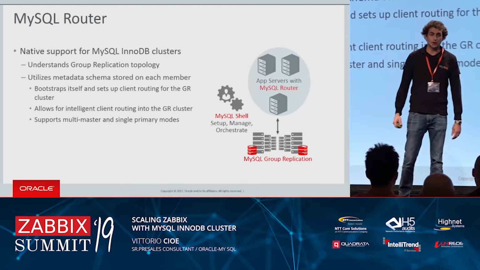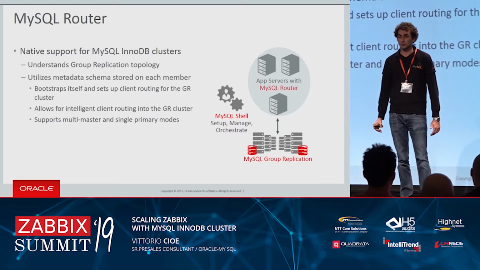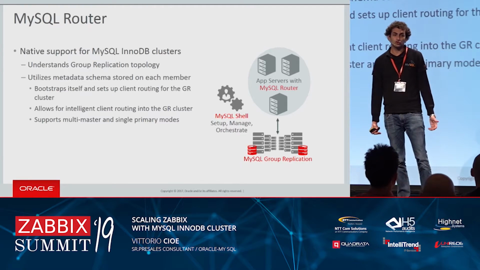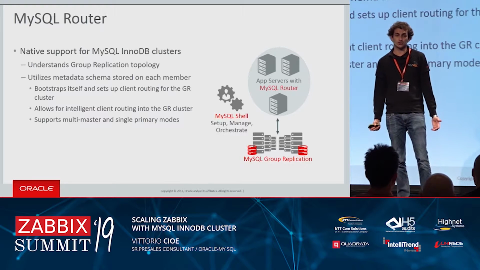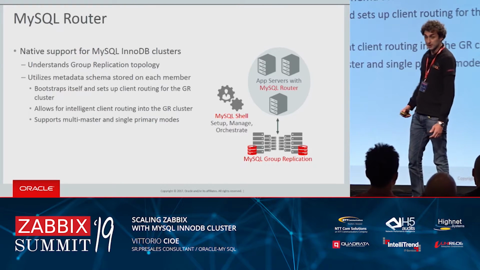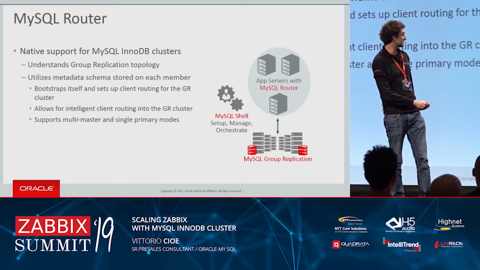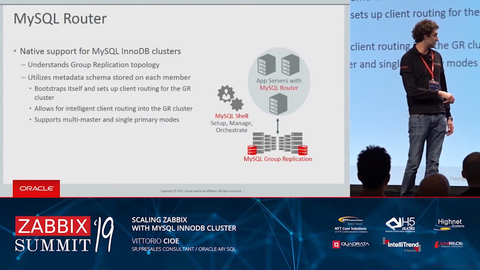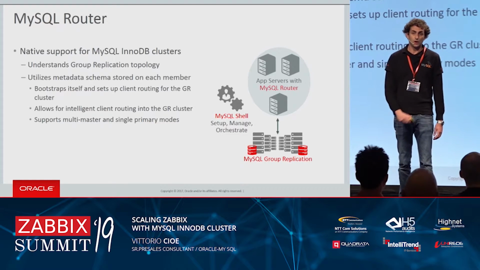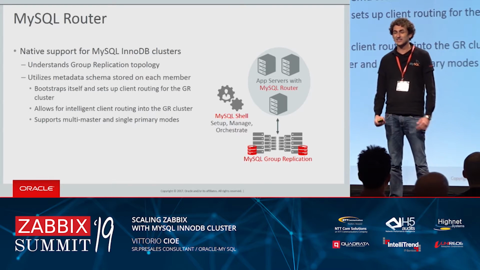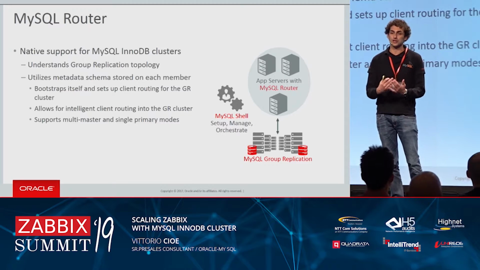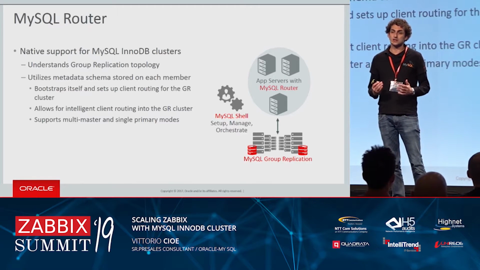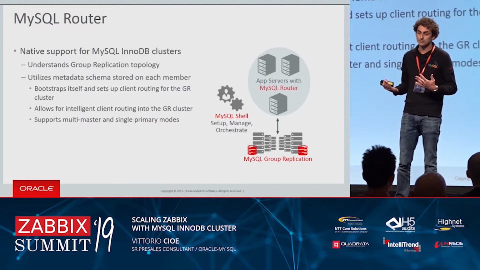The MySQL Router is a tiny piece of middleware which is used just to route the connections. As you can see from the architecture, it stands between the application servers and the group replication setup, with the scope of making the cluster transparent for the application, which will believe it is talking to a single instance MySQL server.